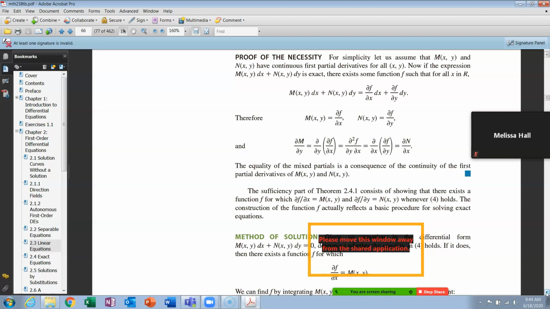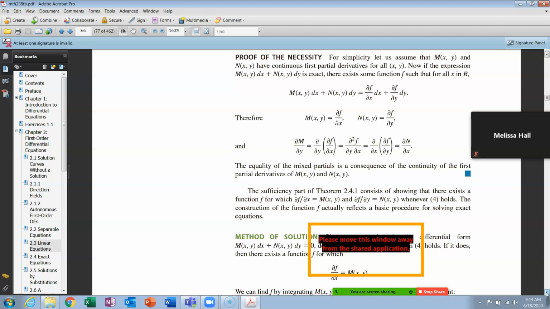That's called a mixed partial: the second partial of f, first with respect to x, the second time with respect to y. And here's something about well-behaved functions. Continuous, well-behaved functions: the mixed partials are equal.